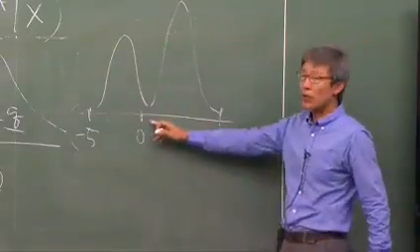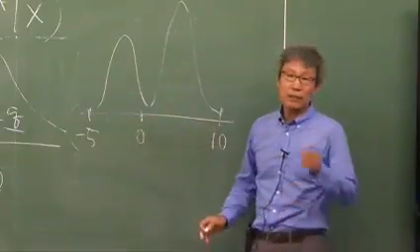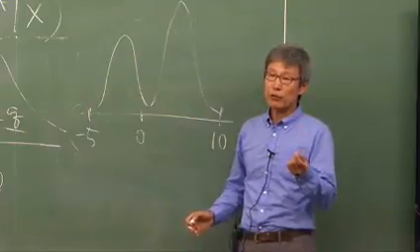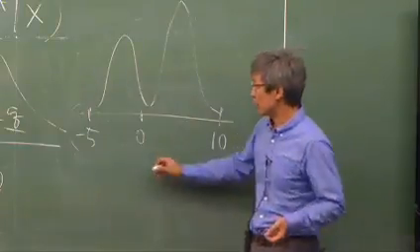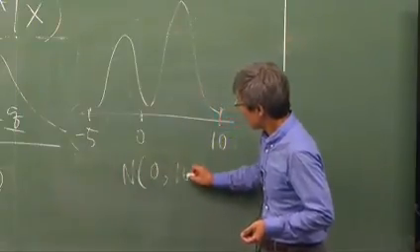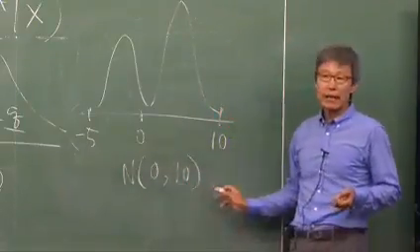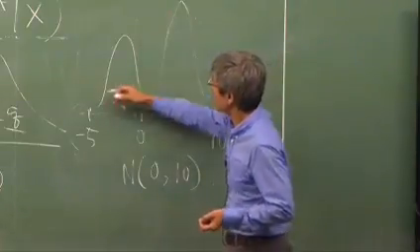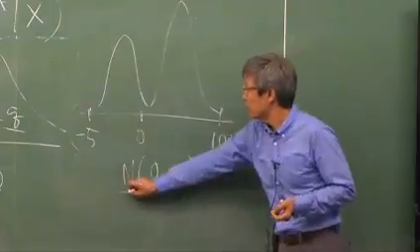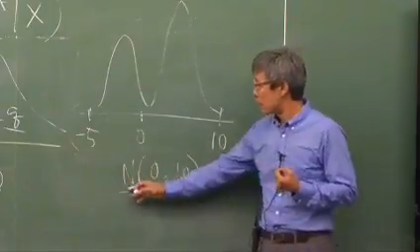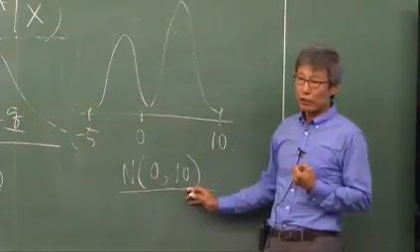I start at this point, and I sample a new point based on the normal distribution with standard deviation 10. You can imagine whatever kind of point can be taken by drawing a single sample from this distribution.